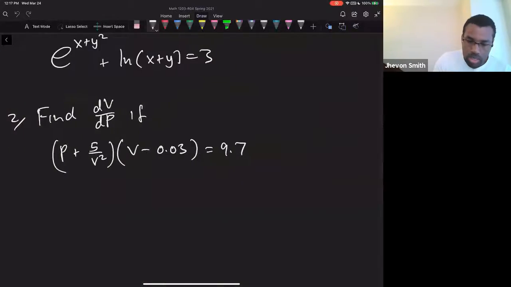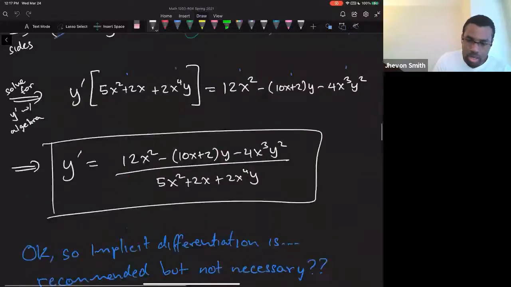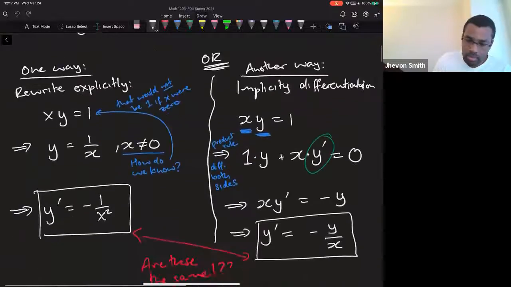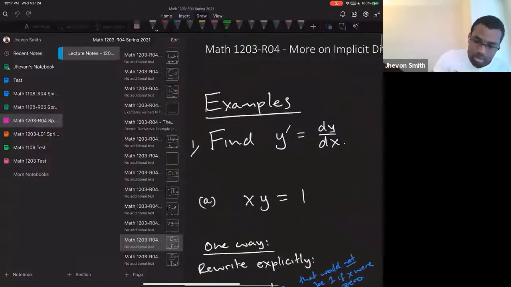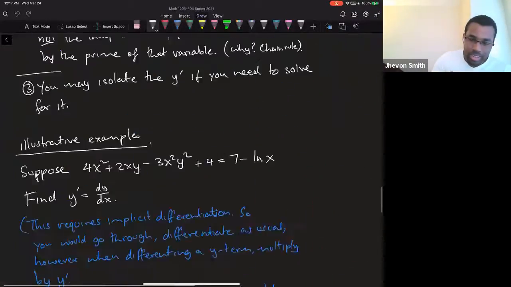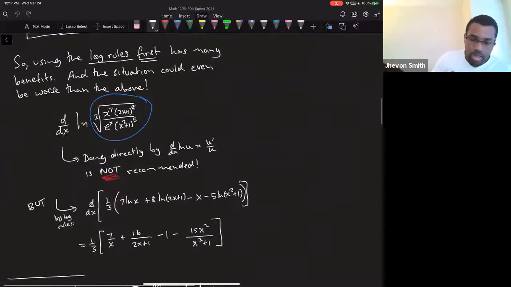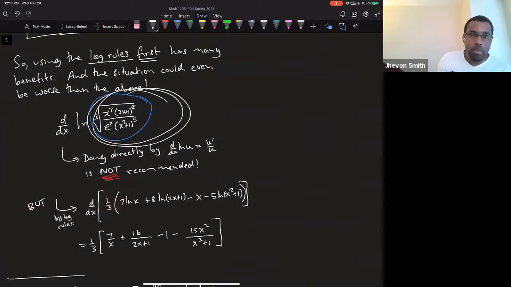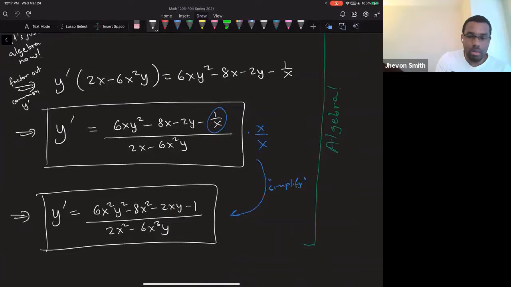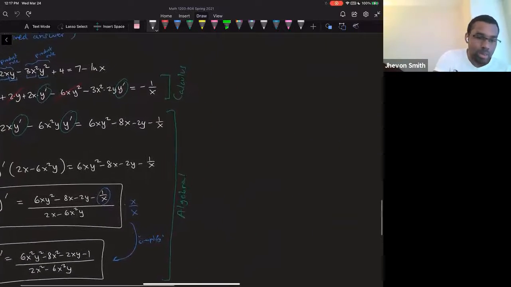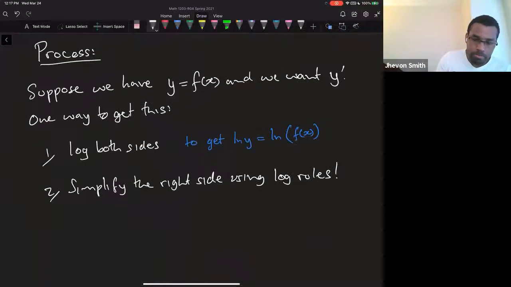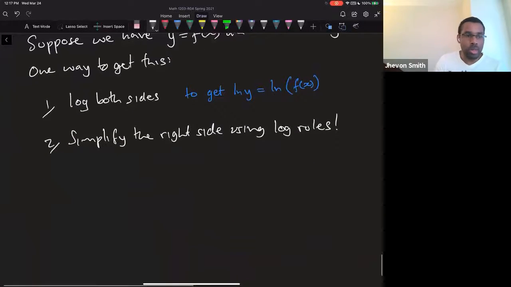So this is also something I believe we saw last time, or the time before that, when we had something complicated like we had right here, but with a log in front of it, it just becomes not complicated anymore. You can use the log to break it down into simpler terms, right? So that's what this is about.